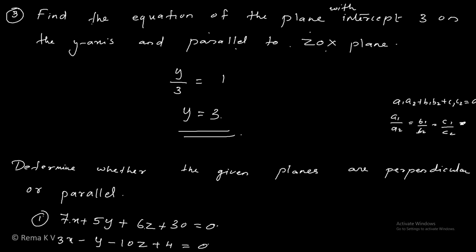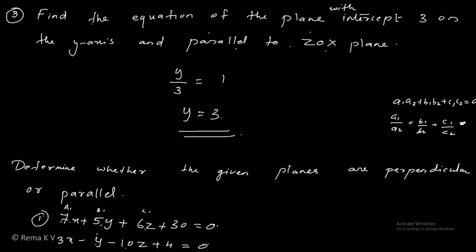So here the direction ratios of this plane are to be taken as 7, 5, 6. So that is to be taken as A1, B1, C1. And the direction ratios of this plane are 3, minus 1, minus 10.